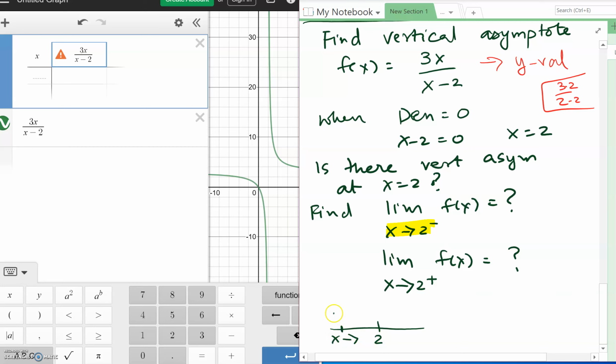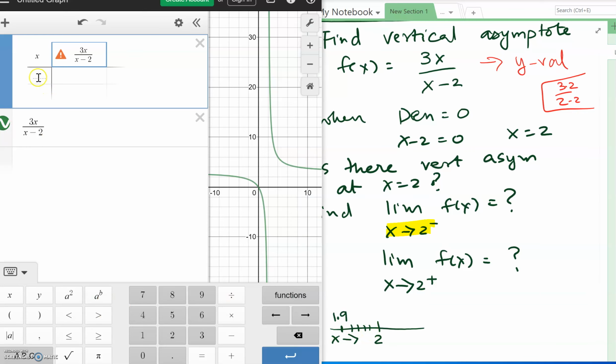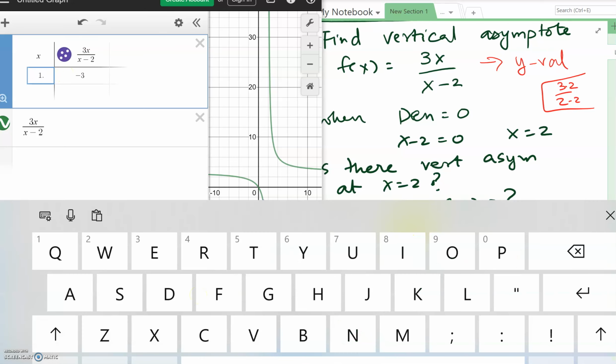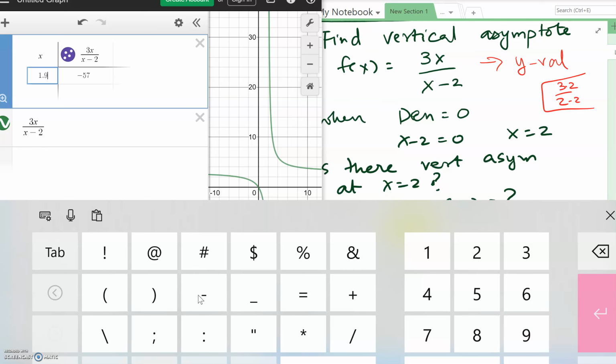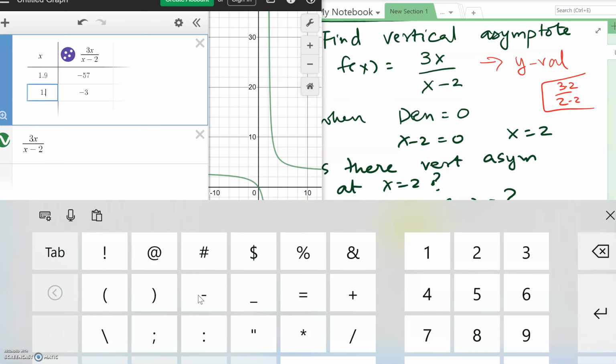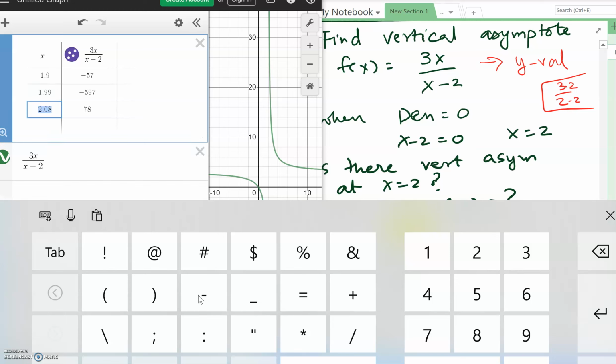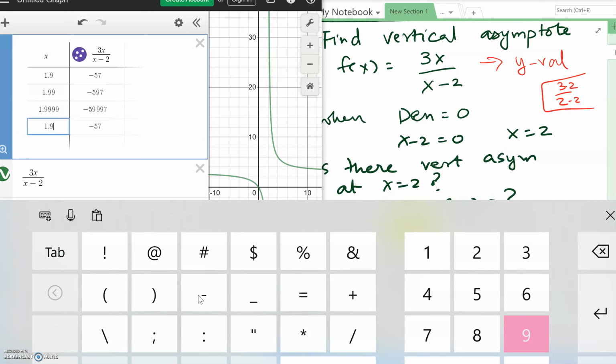We're going to start off maybe with 1.9 and then move closer to 2. One even closer to 2 will be 1.99, and 1.999.